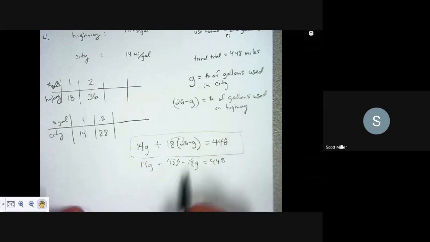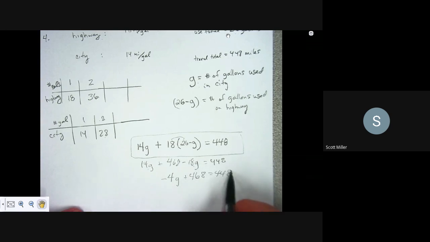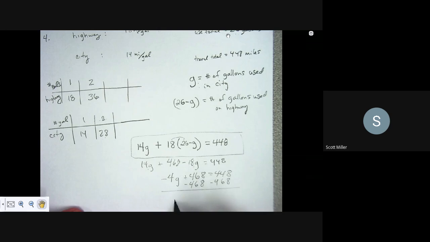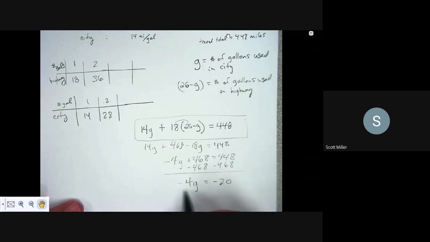Combine like terms. Move the 468. I get negative 4G equals negative 20. And divide by negative 4. And G equals 5.